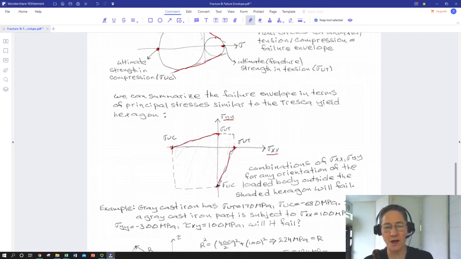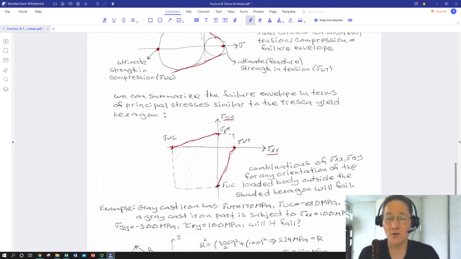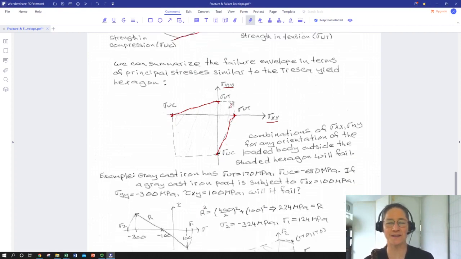And of course, if we have combinations of loading that are in the same direction, it's going to be the higher load that's going to define what you have to limit. Okay, so anything in this shaded irregular hexagon, as I've kind of squiggled here, will not fail. Anything outside it would represent failure.